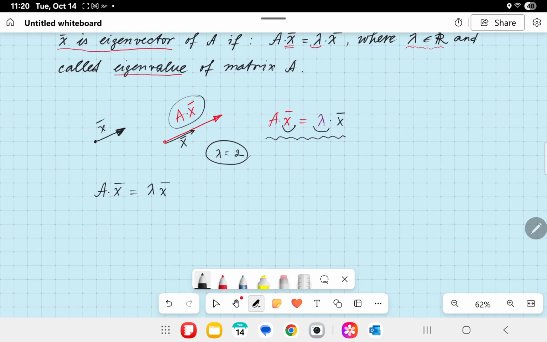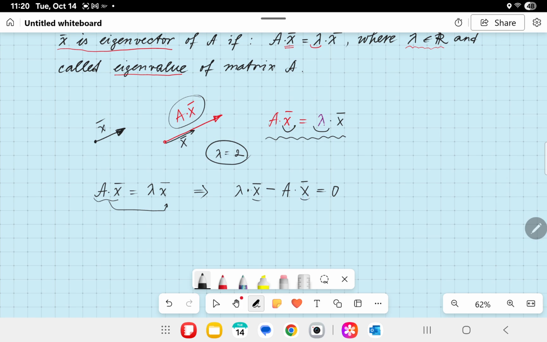And because I'm planning to move Ax to the right side of the equation, I'm going to get lambda x minus Ax. I'm trying to solve it as a regular equation, combining everything on one side. Here it would be very nice to take x outside of parentheses, right? Because there's the same multiple here and the same multiple here.